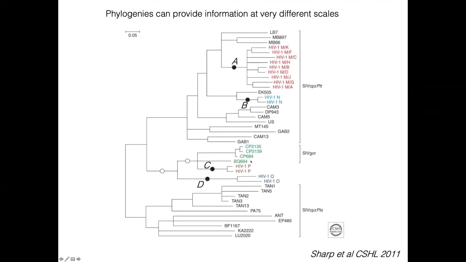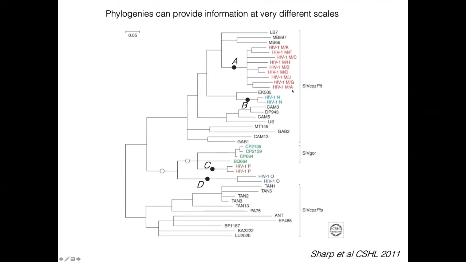The same is true for HIV-1 group P, whose ancestor is C. The next ancestor along is a gorilla virus, and the same is true for HIV-1 group O. And there are a whole bunch of other chimpanzee viruses shown at the bottom, which didn't leave any descendants.